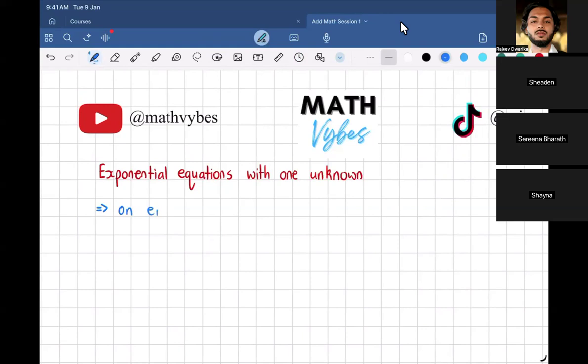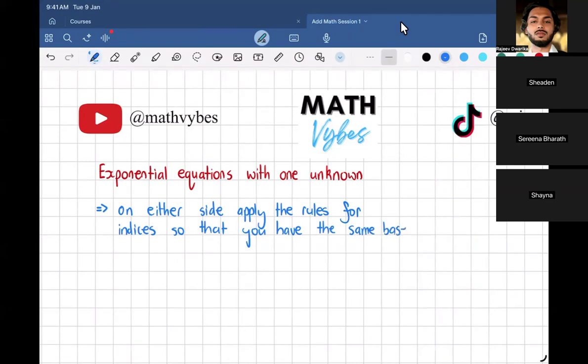on either side, apply the rules for indices so that you have the same base on either side raised to a power.